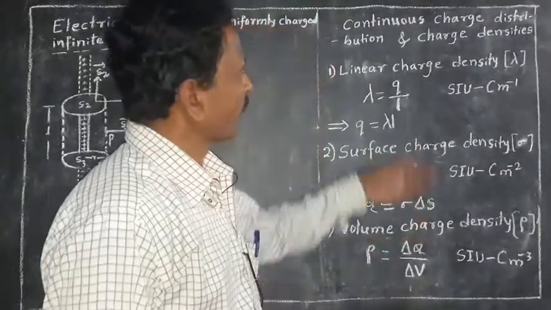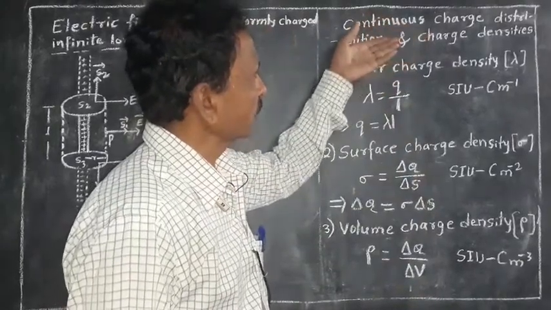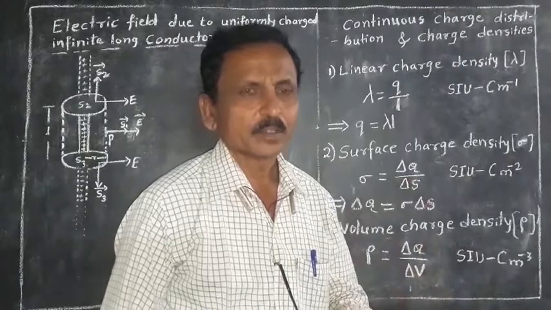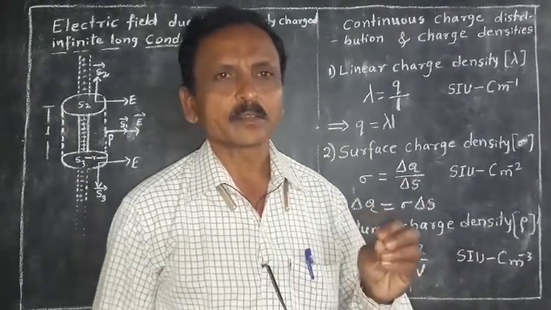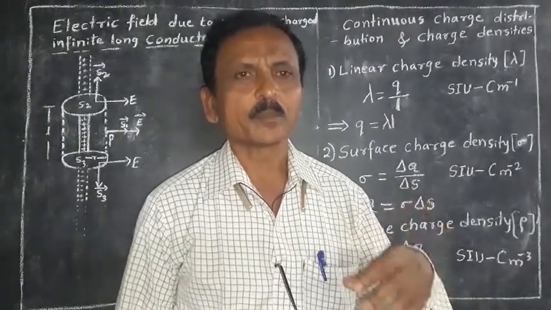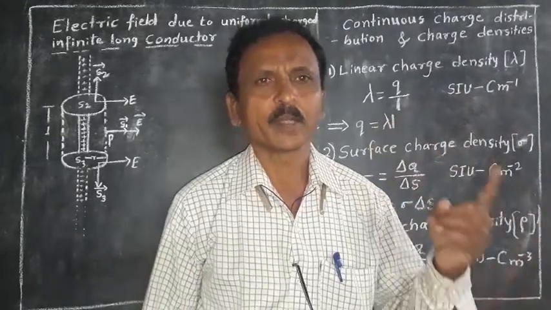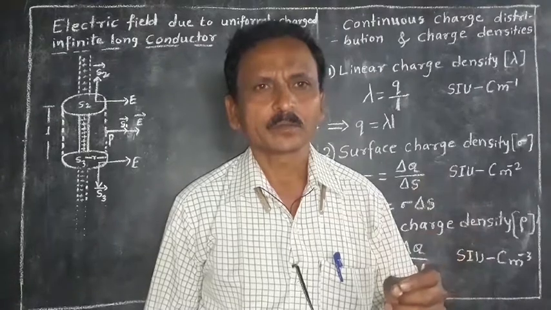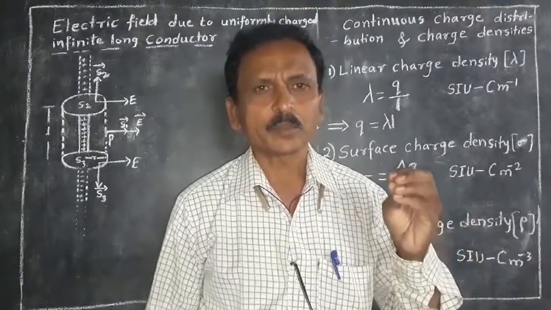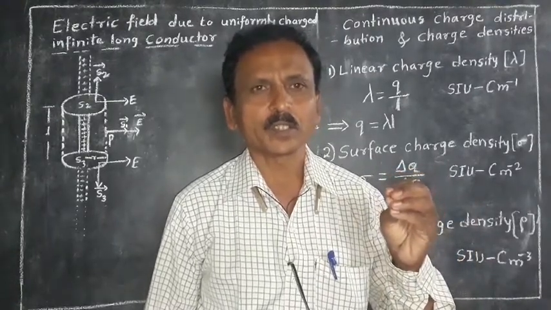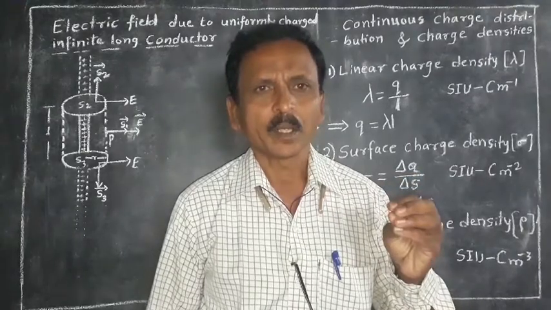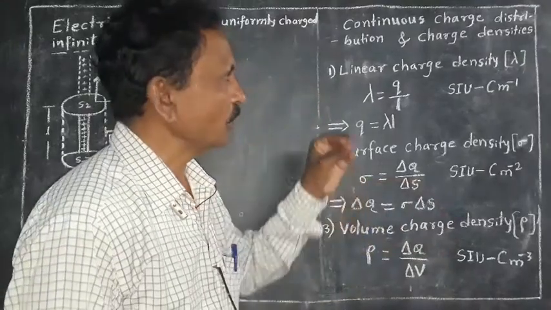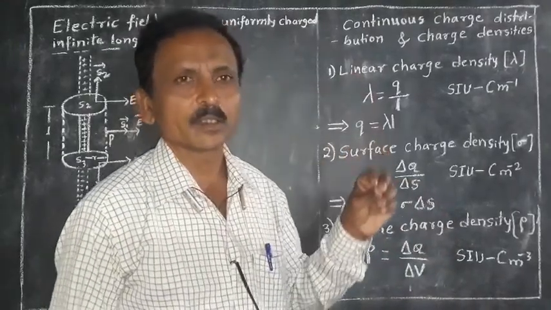Here, what is continuous charge distribution? If the magnitude of charge on a body is much greater than the magnitude of charge on an electron, then the quantization property of charges is ignored and it is assumed that the charge is continuously distributed on the surface.